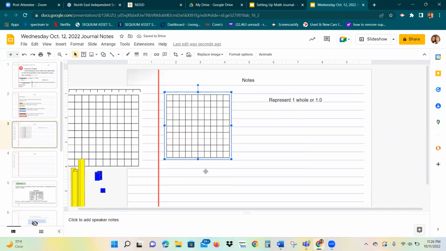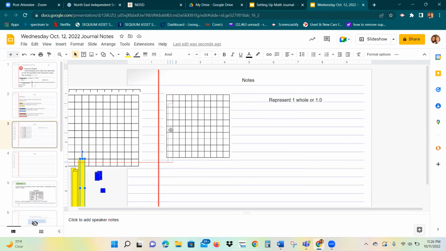So now if I'm going to represent this grid as being one whole, how many of these would I need? So this is 1 out of 10 parts, right? This is going to be 2 out of 10 parts. Now what I'm going to do is go ahead and change the color just so that you can see it.